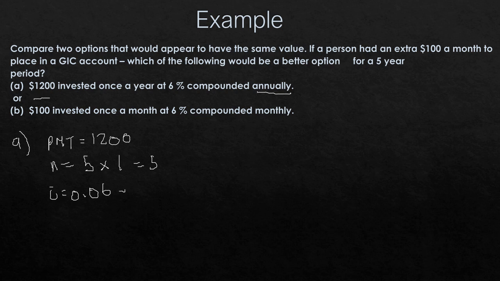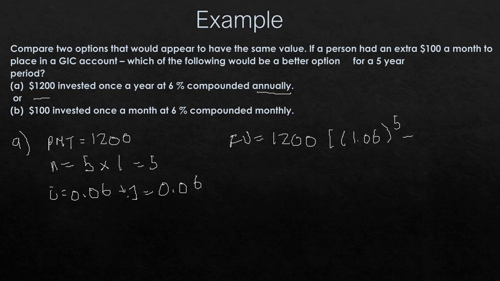So my future value then is going to be $1,200 times 1 plus our I, which is 1.06, to the power of n, which we calculated to be 5, subtract 1, all over 0.06.